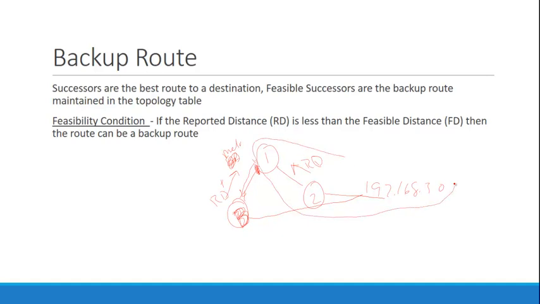This lower metric becomes the feasible distance, and since this one is higher, only this one here will be in the routing table.